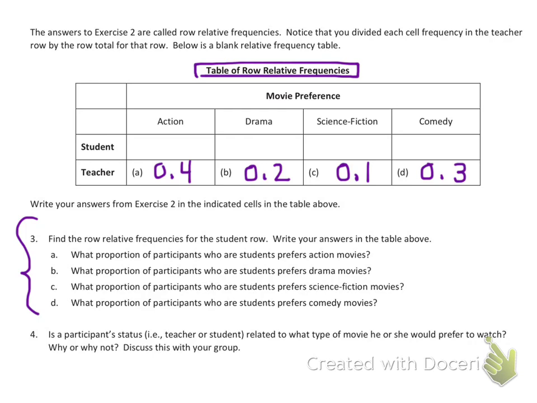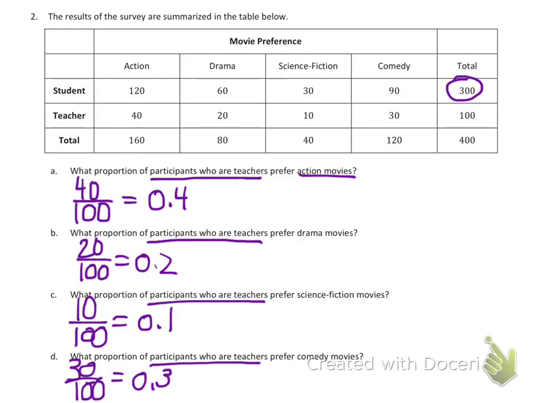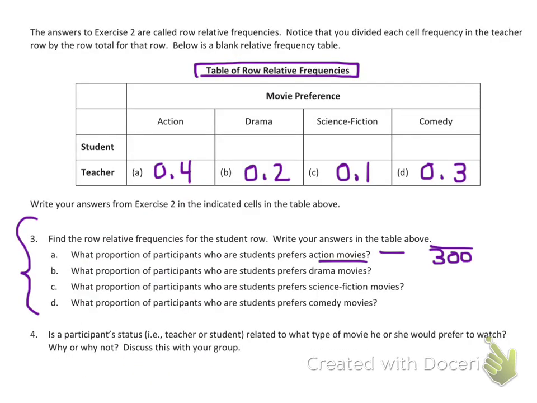Okay, so to do this, I know I have 300, I'll just do a little bit of the math over here. Out of 300 students, how many preferred action movies? Well, we've got 120 preferring action movies. 120 over 300 is 0.4. Okay, so I can put that in there.